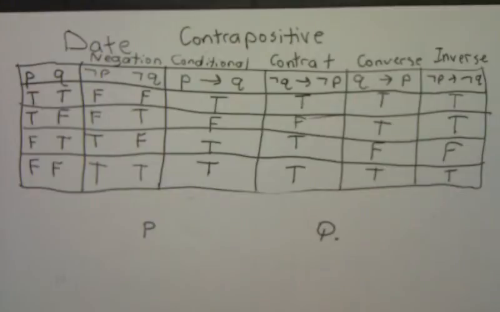Conditional: if a triangle has a right angle, then it is a right triangle. You can abbreviate that any way you want. If a triangle has a right angle, then it is a right triangle. Now I want you to find the contrapositive for me. Stop the tape and do it, and then compare it with mine.